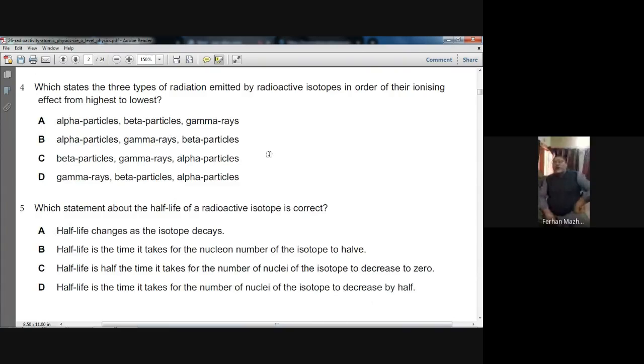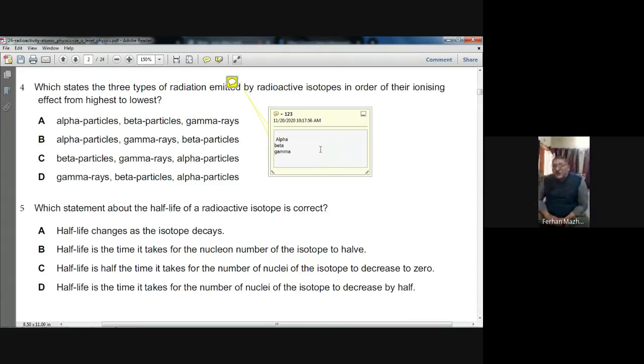from highest to lowest? From highest to lowest, the highest ionizing power is alpha, then we have beta, and then we have gamma.